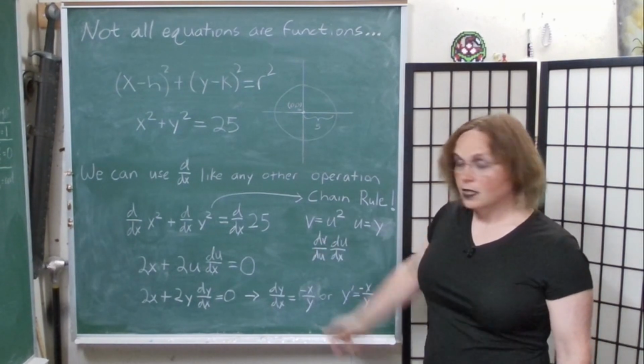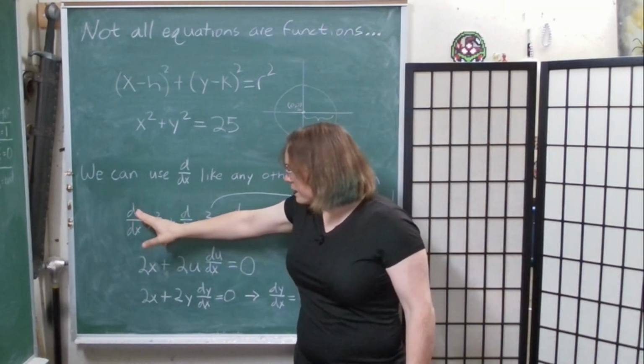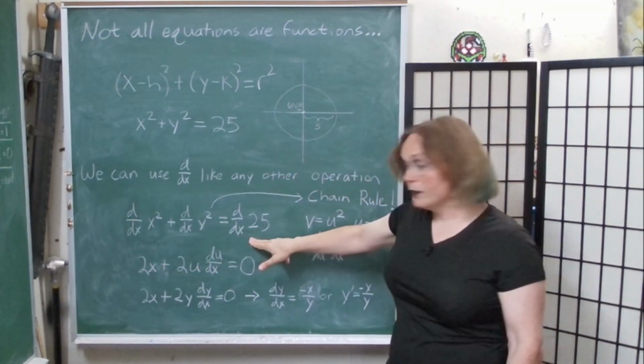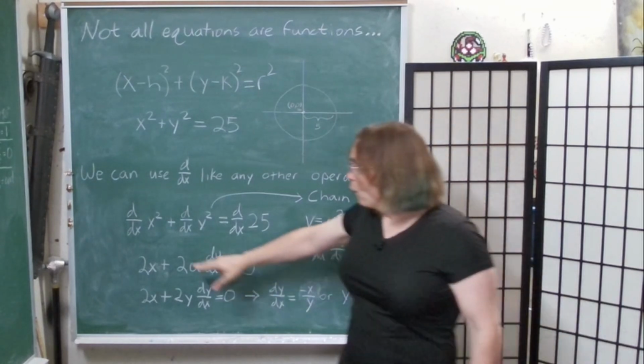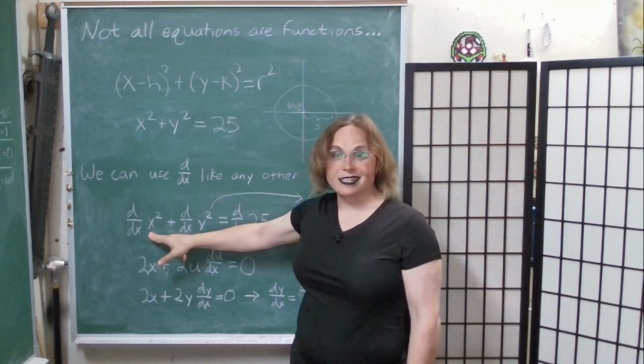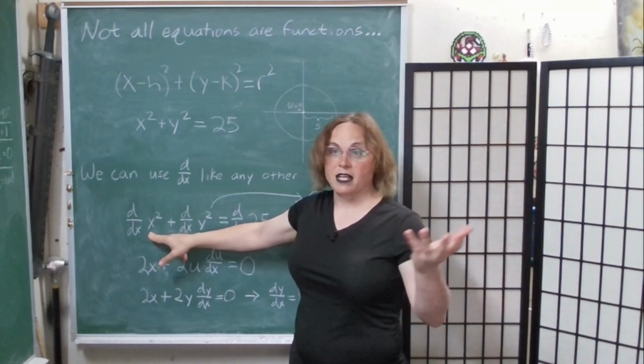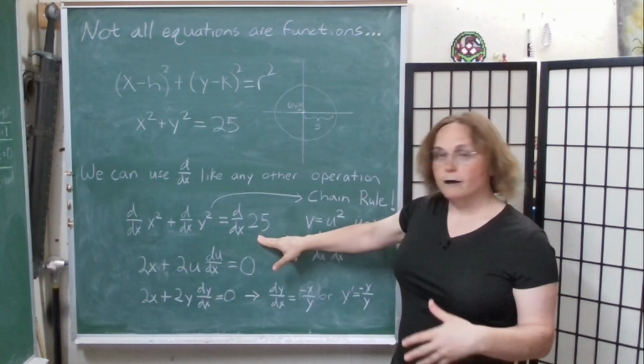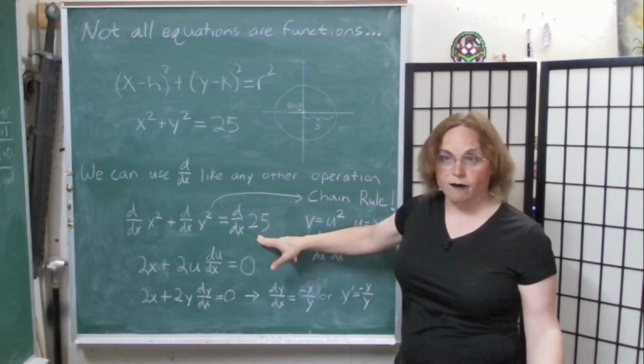Okay? Now, to do this, we simply take our differential operator and we apply it to the entire equation. When we do this, we're going to take the derivative of each term just like we did before. If the term has an x in it, we just take the derivative. If the term is a constant term, again, we just take the derivative.